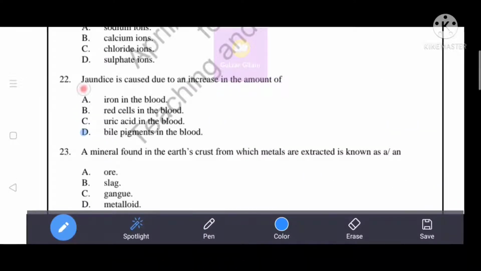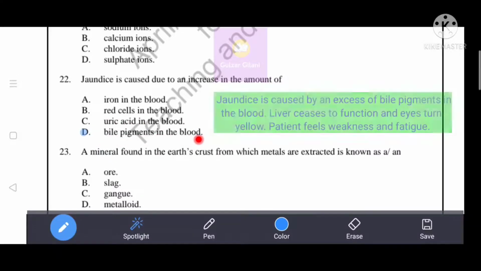Next question. Jaundice is caused due to an increase in the amount of given option A, iron in the blood, red blood cells in the blood, uric acid in the blood, bile pigments in the blood. As you know, jaundice is caused by an excess of bile pigments in the blood.